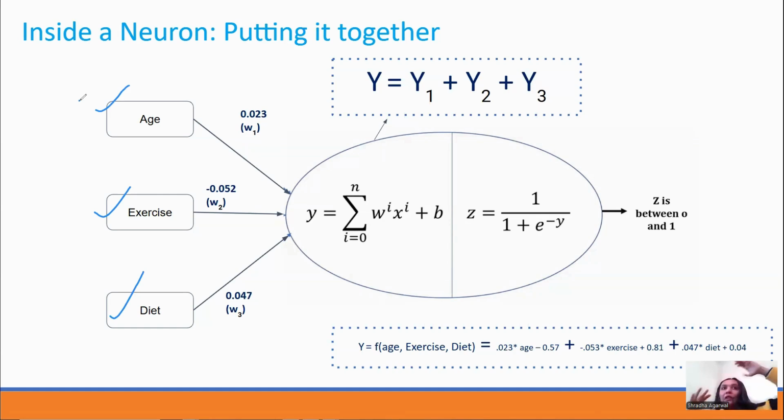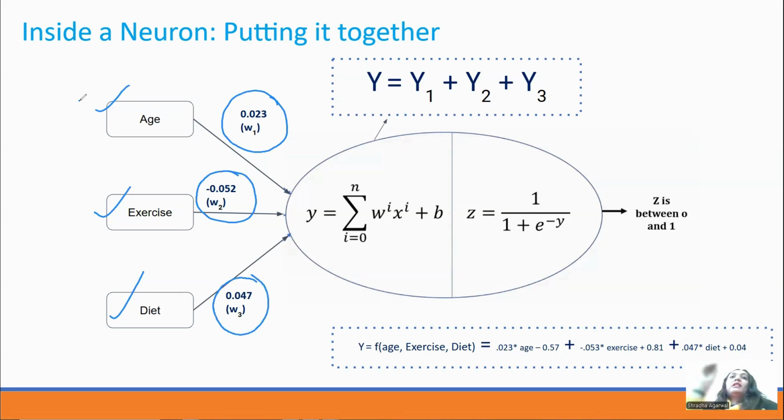So from your main data on age, we got this weightage of 0.023. With your main data on exercise, we got this weightage of 0.052. And your main weightage, you got as 0.047. All these things go and add up inside the neuron.